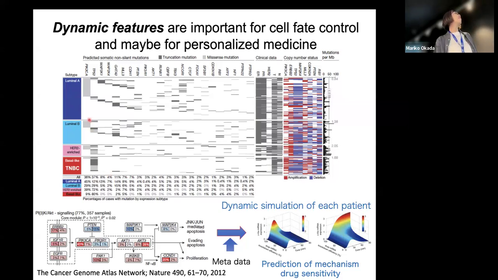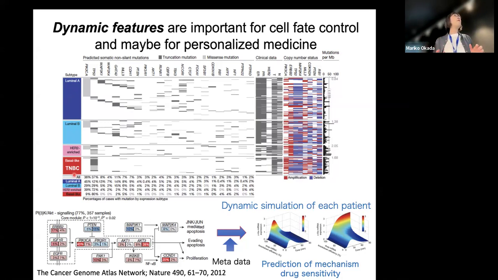There are 4: luminal A, B, HER2, and basal-like, called triple negative breast cancer. Usually the standard therapy for breast cancers is based on only these 4 subtypes. Particularly for TNBC, the red one, there are no molecular targeted drugs.